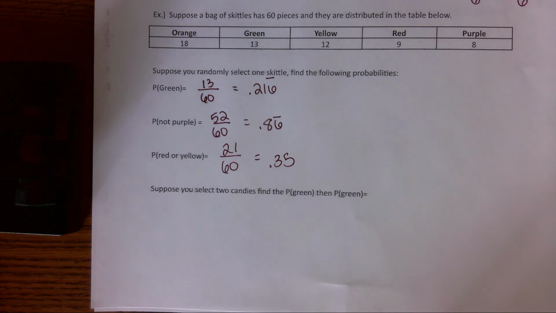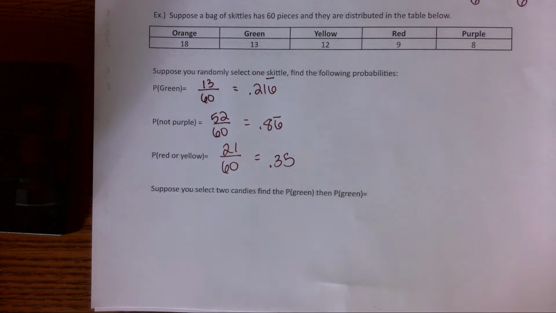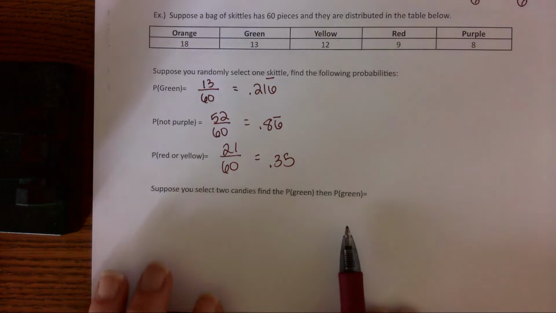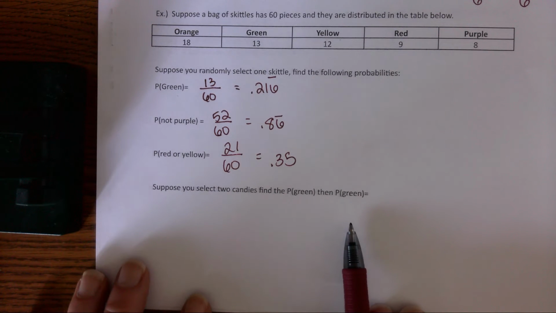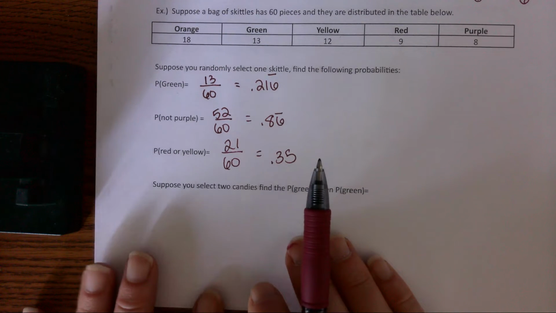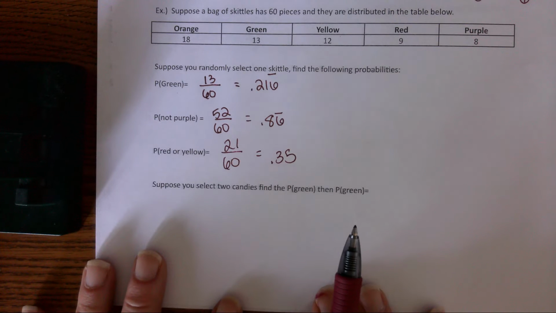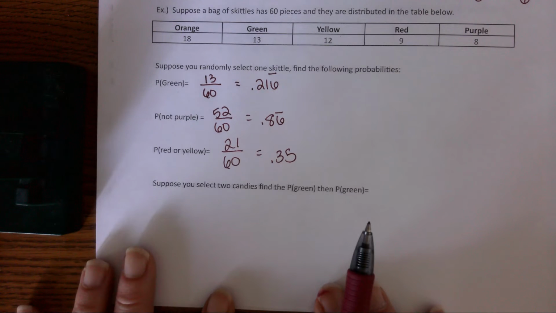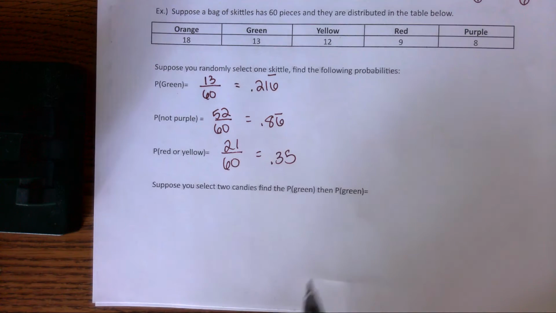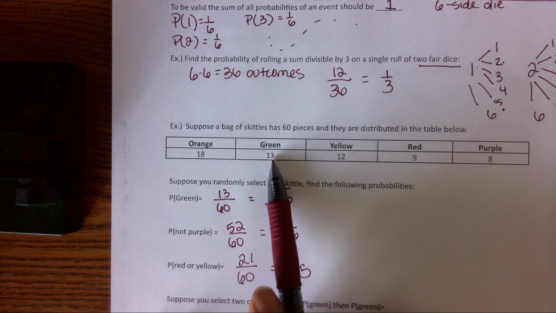On the next one, I would have to give you some information. There's one thing you would need to know to calculate this probability: whether the candy is replaced or not replaced. If the candy is replaced, meaning you pick the green, you put the green back into the bag and then you pick again, then the probability would stay fixed at 13 out of 60.